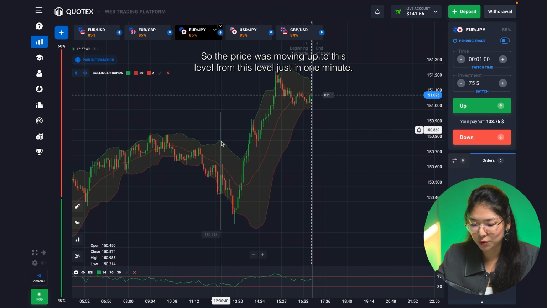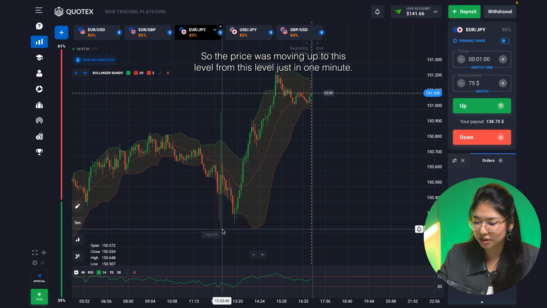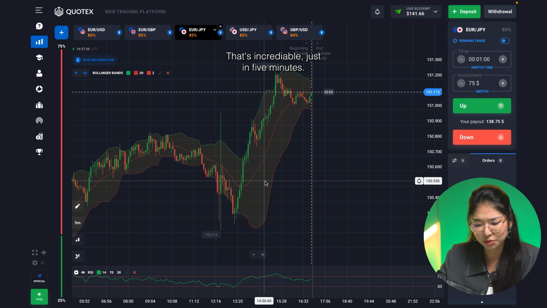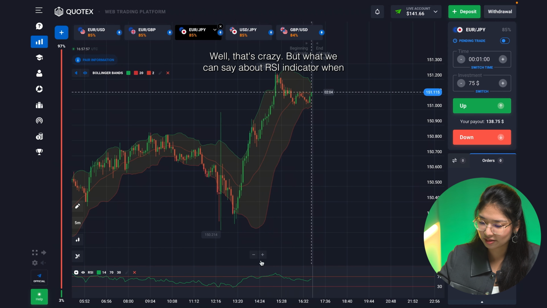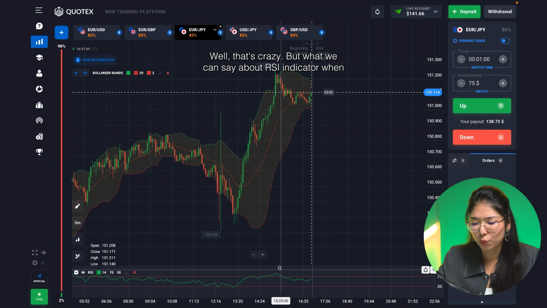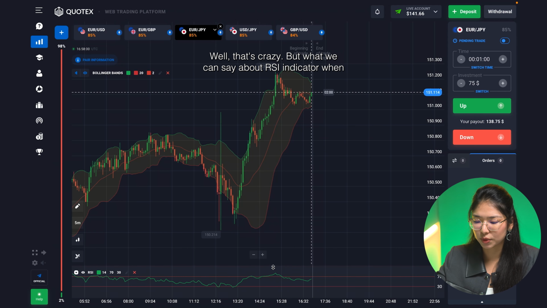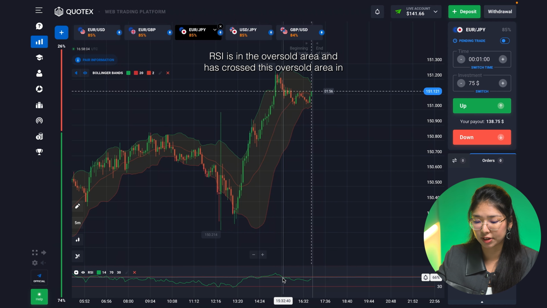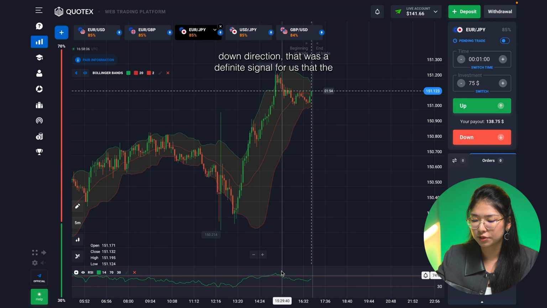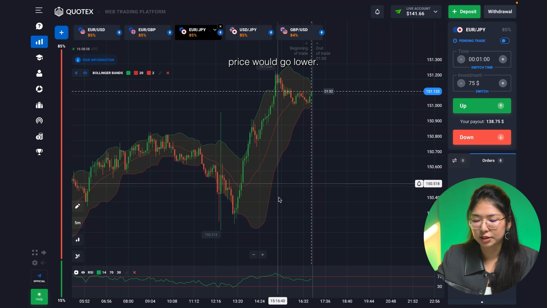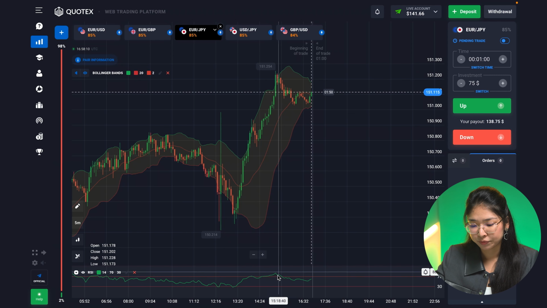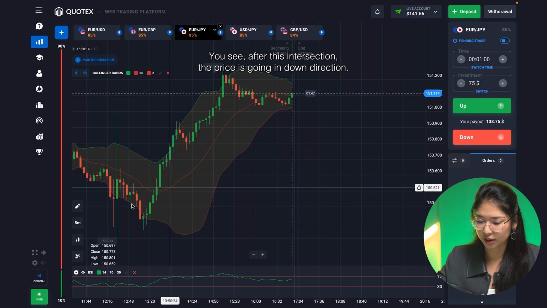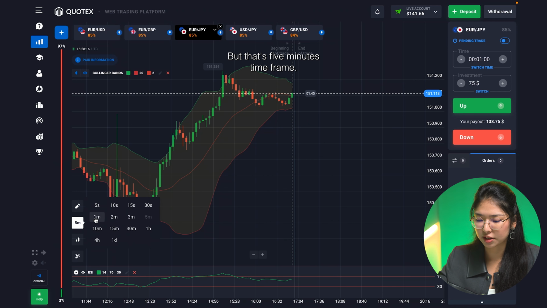So the price was moving up to this level, from this level, just in 5 minutes. Well, what can we say about the RSI indicator? When RSI is in the oversold area and has crossed the oversold area in down direction, it was a definite signal for us that the price would go lower. That's exactly what's happening. You see, after this intersection, the price is going in down direction, but that's the 5 minutes time frame.